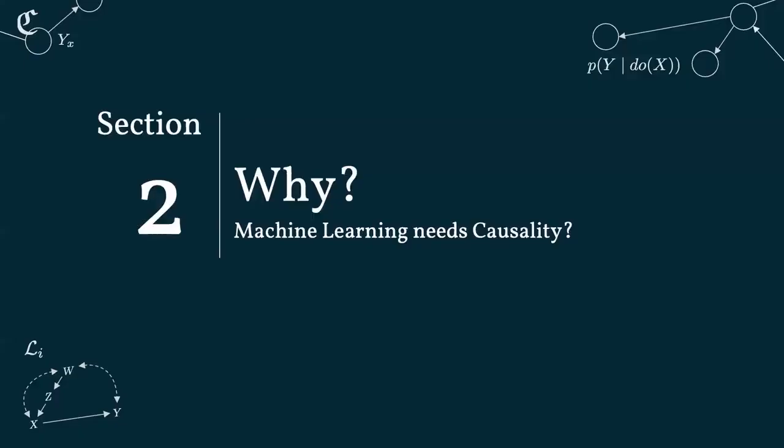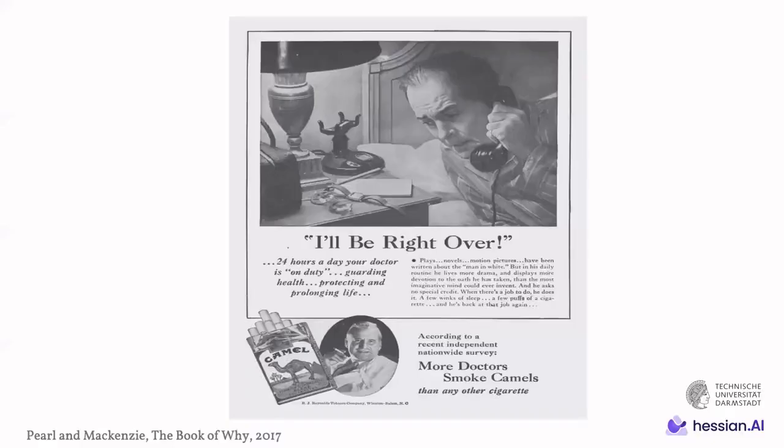Okay, so now coming to the more fun part. Now we go into a little bit of why machine learning needs causality, after all these notions of causality in different branches. Most of the images that I'll show now are from The Book of Why by Judea Pearl, which is a very nice layman introduction to cause and effect. I think most of you might have heard this, right?